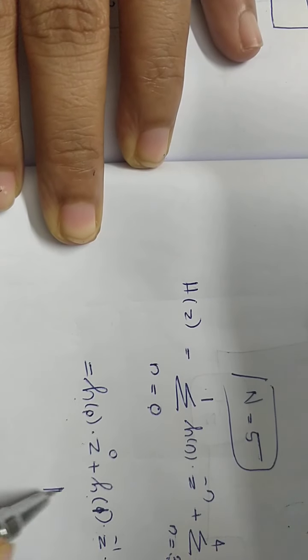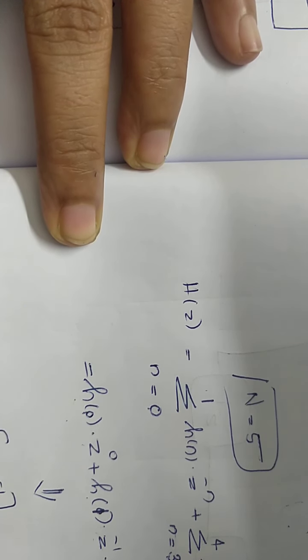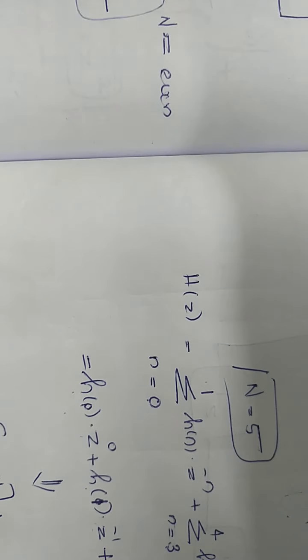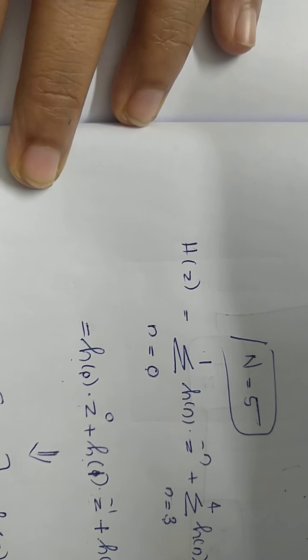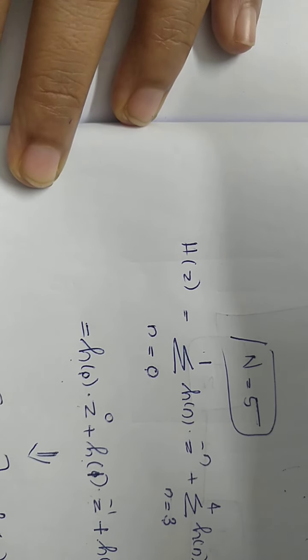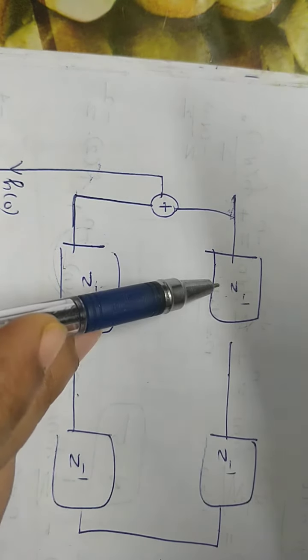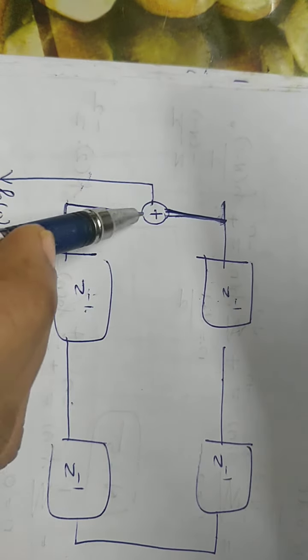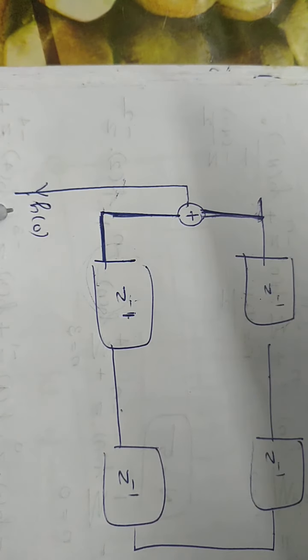The next is, just rewriting this equation will be better. H of z is equal to h of 0 times (1 plus z inverse) plus h of 1 times (z inverse plus z raised to minus 3), h of 3 z inverse plus h of 4 z raised to minus 4 plus h of 2 z raised to minus 2. I hope you can see this. I am only rewriting this equation. So while drawing the figure, first the 1 and z raised to minus 4 coefficients are added and multiplied with the first coefficient h of 0.